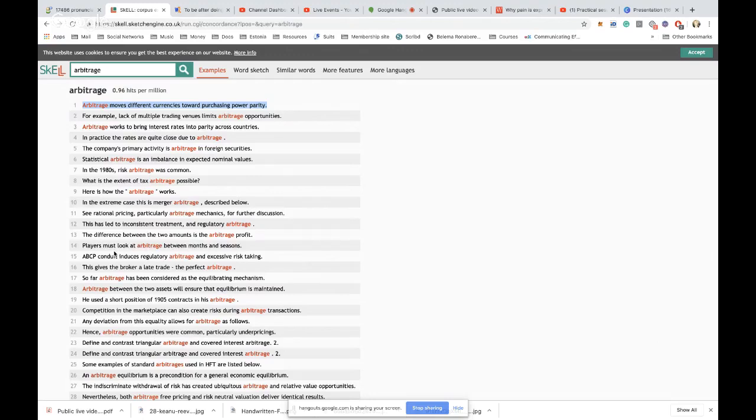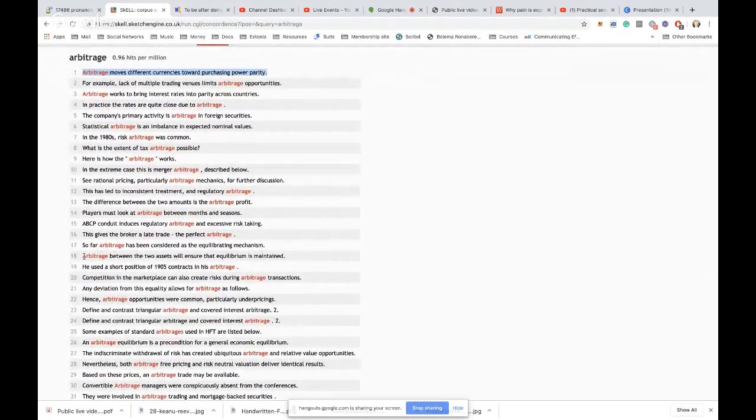That's a very good definition, actually. Or arbitrage between the two assets will ensure the equilibrium is maintained. So a lot of interesting vocabulary already here, and you can imagine how the word can be used. This gives the broker a late trade, the perfect arbitrage. So if you're a broker, you probably understand this. If you're not, then it's going to be difficult for you.